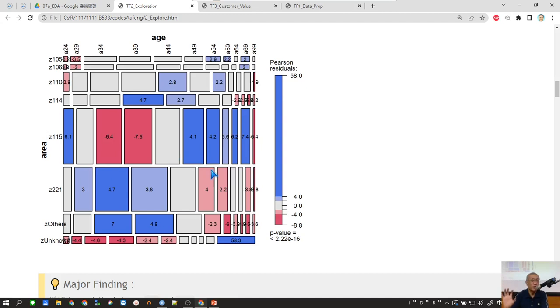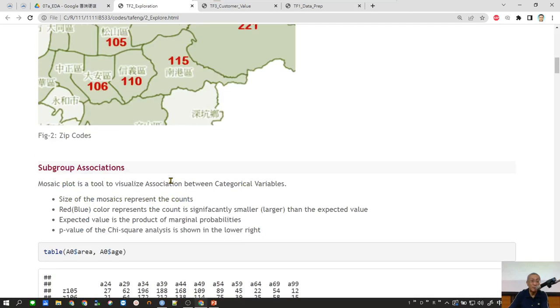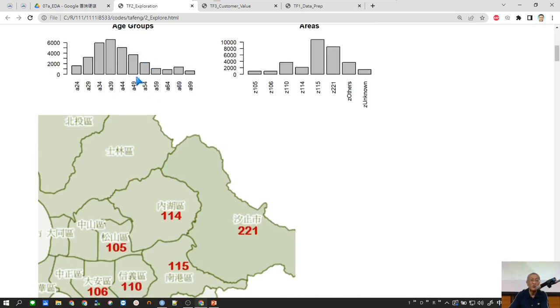With this joint distribution, we can tell the difference of age distribution across areas. When we want to compare, we need a baseline for our comparison, and for the joint distribution, the base for comparison is this one.